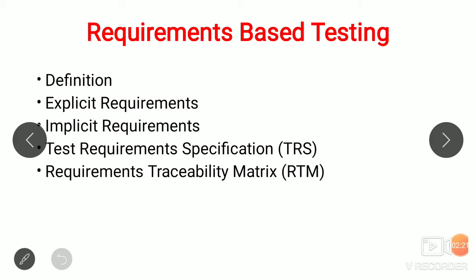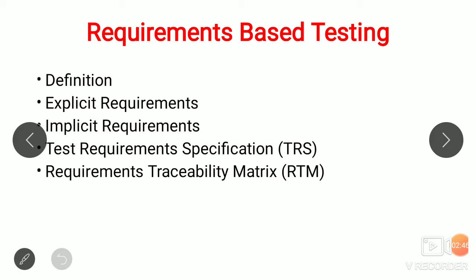What is SRS? The full form is System Requirement Specification. Here the SRS is a document which we prepare in the first phase, that is the requirement collection phase. Within this, the requirements are given by the customer.